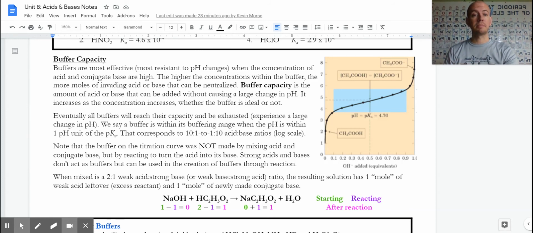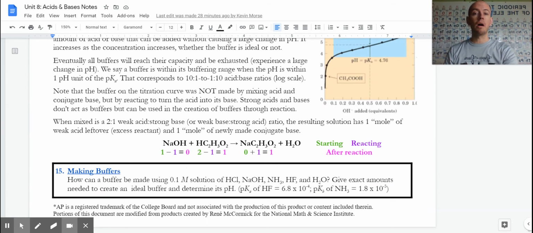This is kind of the concept that gets us to our half equivalence point, but we can also apply that directly to making a buffer if I have only 1/2 of a conjugate acid-base pair. A very common question: if I have acetic acid but don't have sodium acetate, how can I make a buffer? If I have ammonia but don't have anything with ammonium in it, how can I make a buffer?